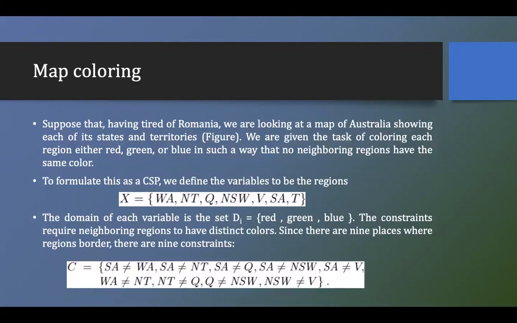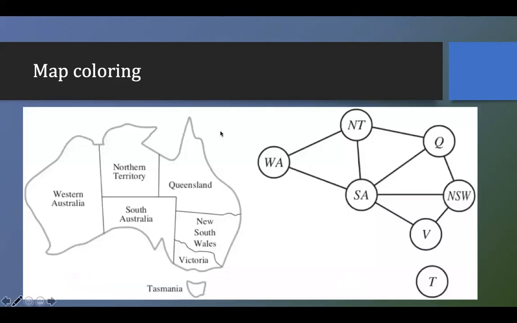To solve these types of problems, we actually need a constraint satisfaction problem. Let's try to understand the problem first, and then we'll go to the solution. Suppose we have a map with some cities. This is the figure of cities in Australia, and we have some adjacent cities and some non-adjacent cities.